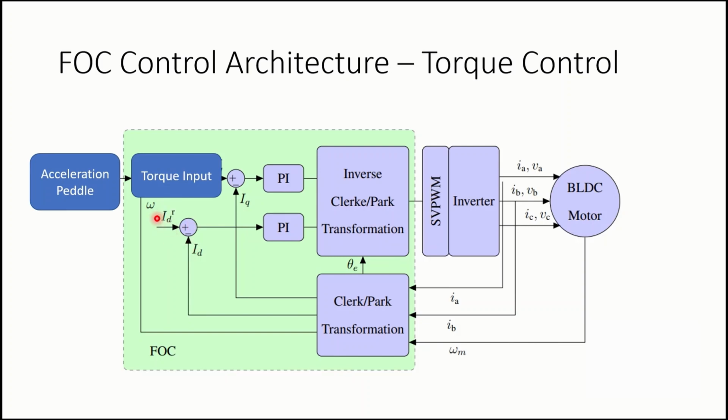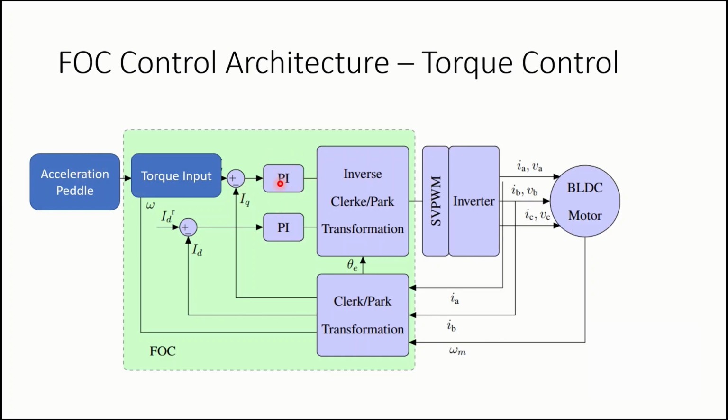So we are putting the ID reference as 0. From these transformations, after the transformation we need ID to be regulated to 0, and IQ we want to be regulated to the respective torque which is received from the acceleration pedal or the throttle.